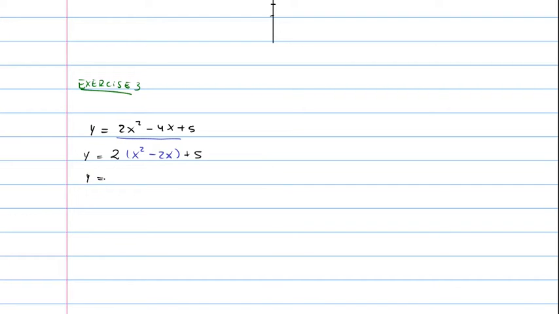Now, what we can do is write this expression as x squared minus 2x, but adding plus 1 here. In order for the equality to hold, we have to add plus 1 on the left hand side.